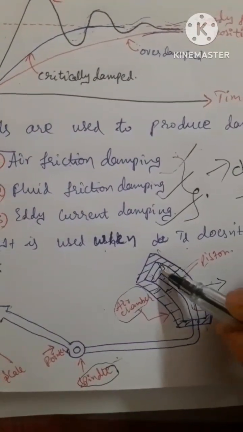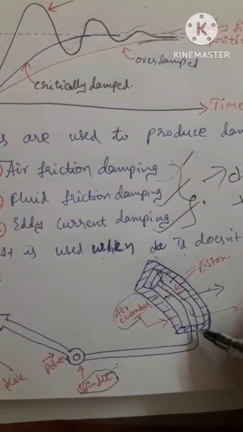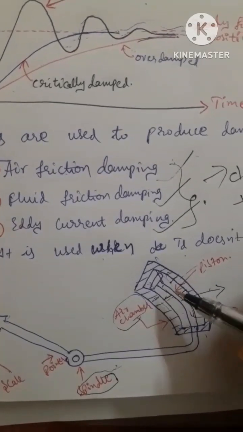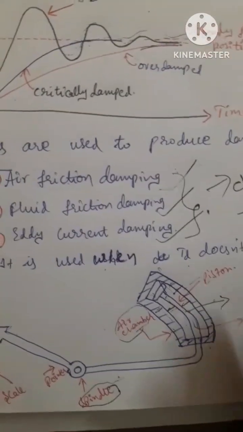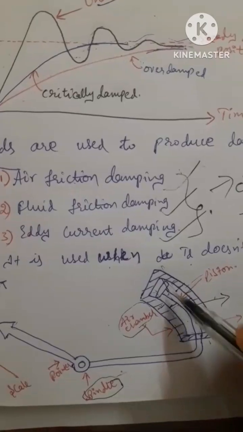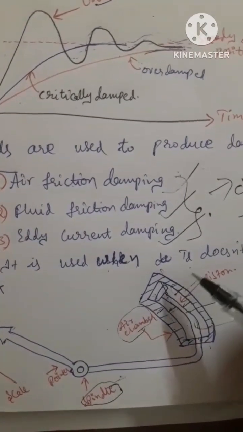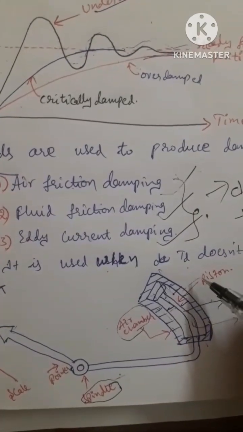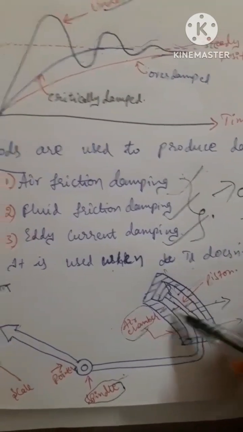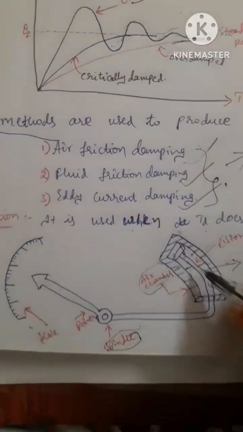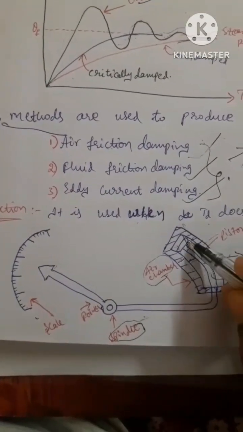When the piston is moving forward and backward, there is a compression and pressure is developed in the air. Due to this pressure and compression, friction is developed in the air, and this friction opposes the motion of the pointer.